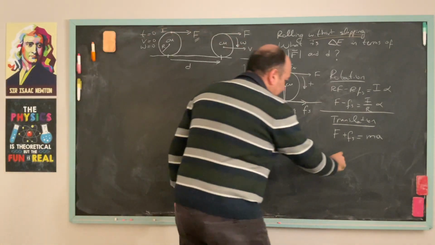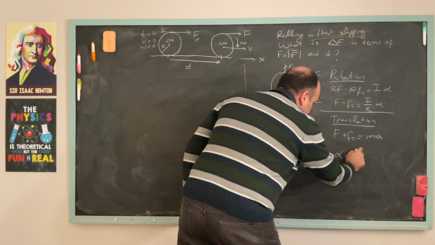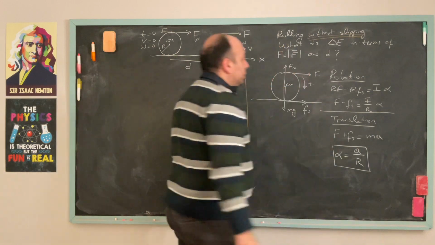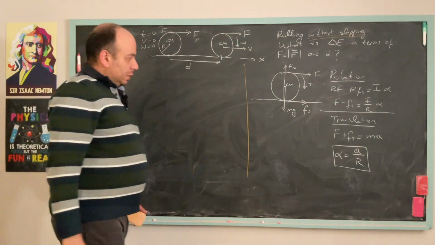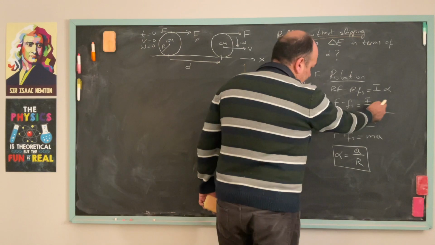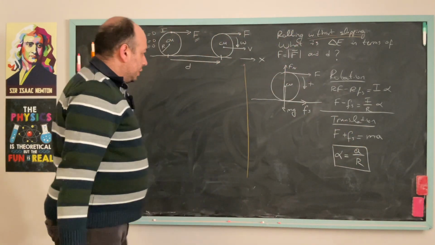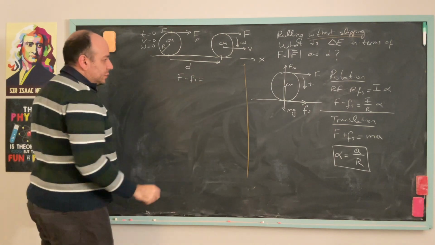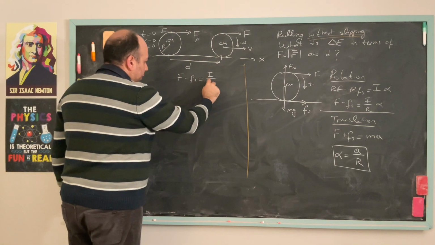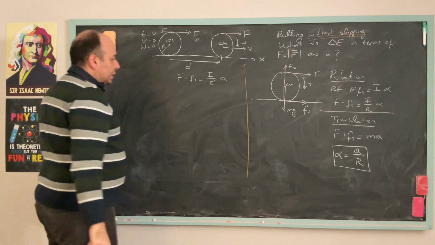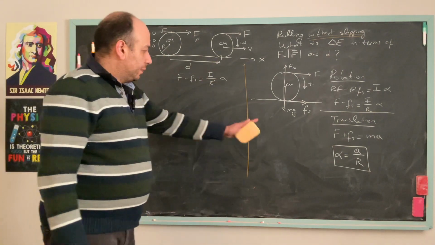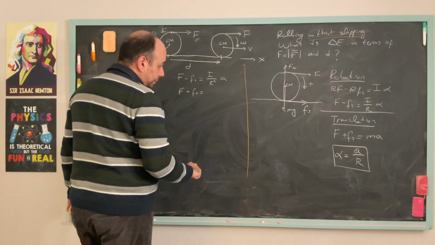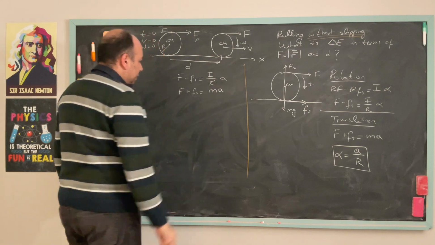Then we can simply say that alpha is equal to a over R. This is my condition for rolling without slipping. Wherever I see alpha, I can put a over R. Let me write down the equations one more time. F minus Fs is simply equal to I over R squared times a. I'm going to write everything in terms of a. And I already have F plus Fs equal to mass times acceleration.